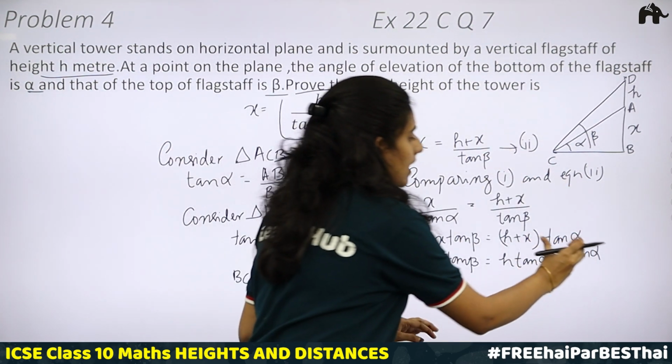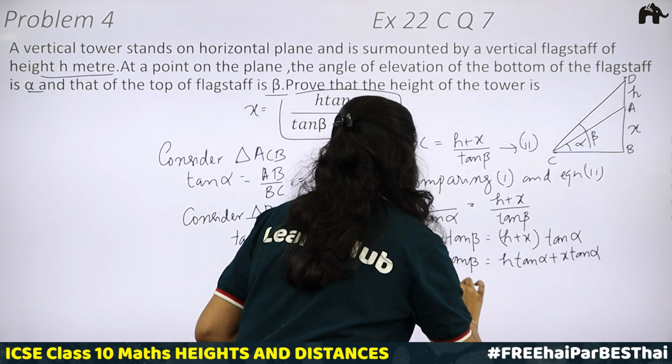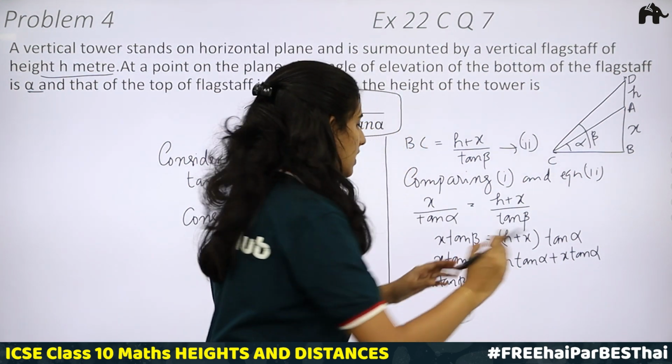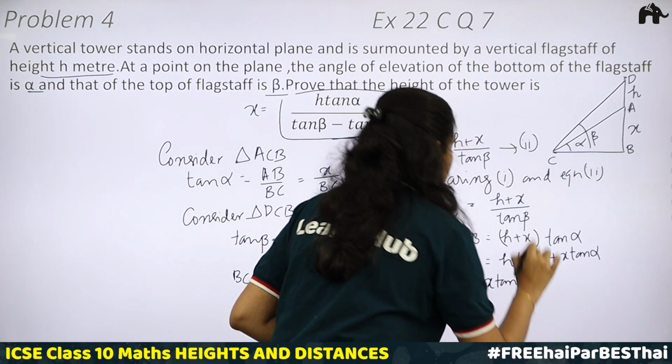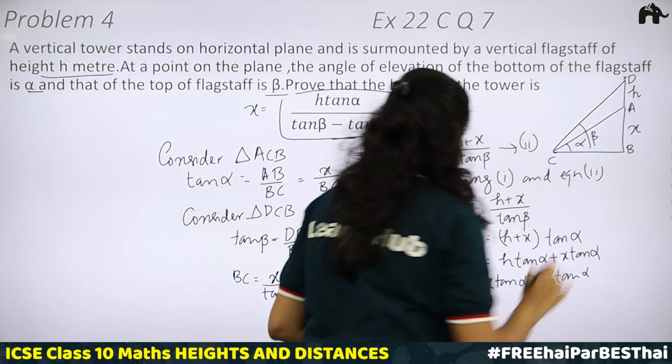Now bringing the x tan alpha to the opposite side, we get x tan beta minus x tan alpha, because positive becomes negative when taken to the opposite side, and that is equal to h tan alpha.